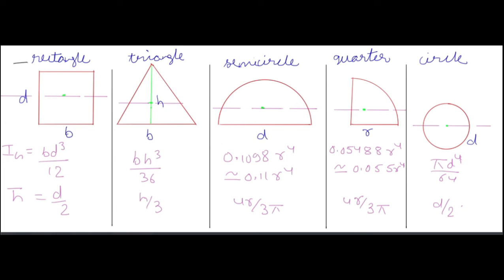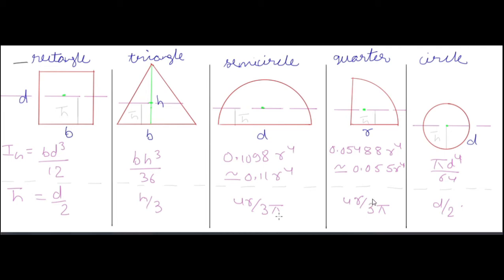For a rectangle, these are the respective h bar values. The h bar value is equal to d by 2. Here h bar is h by 3, here h bar is 4r by 3 pi, and here h bar is 4r by 3 pi.